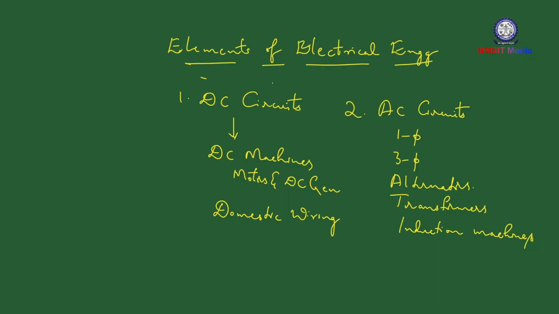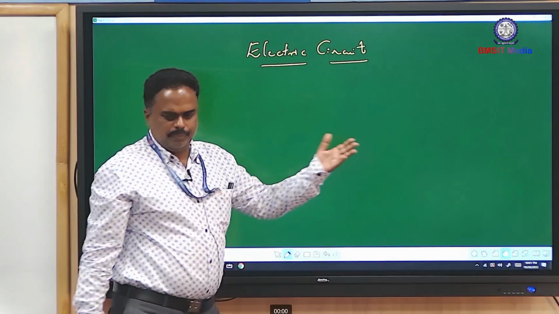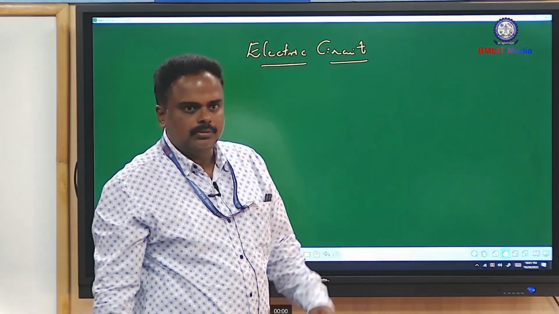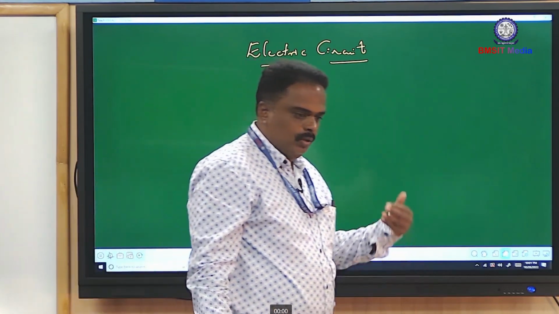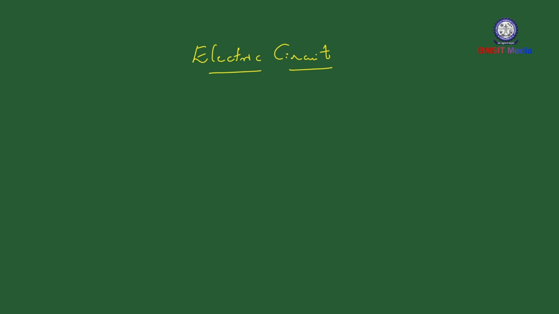So first, what do you mean by electrical circuit or electric circuit, whether it is DC circuit or AC circuit? Basically an electric circuit is an interconnection of various elements like voltage source, current source, resistors, inductor and capacitors. So you can have a DC circuit or AC circuit.